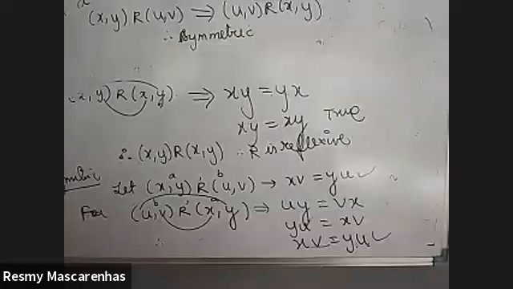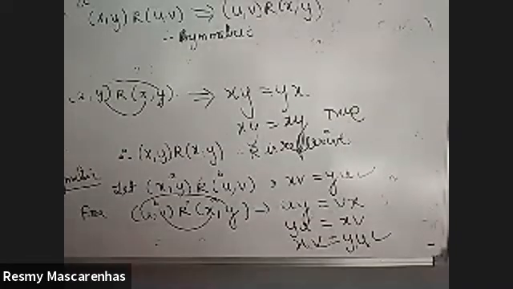And now for transitive, you will have to write a third new pair. Any other letters you can take other than x, y, u and v, any other pair. So it's like first pair, second pair and now third pair.